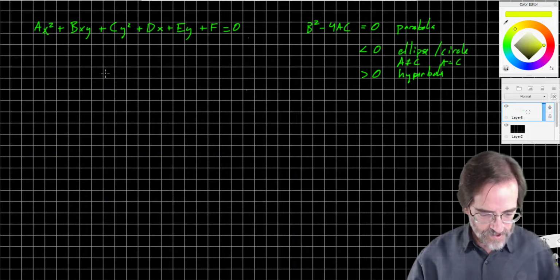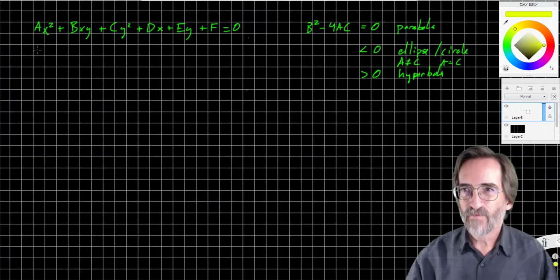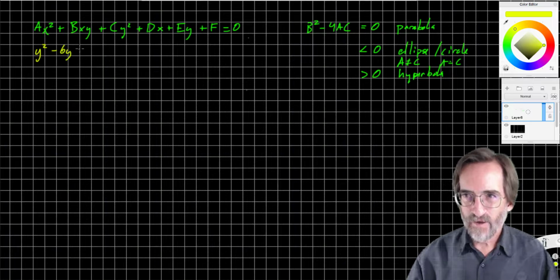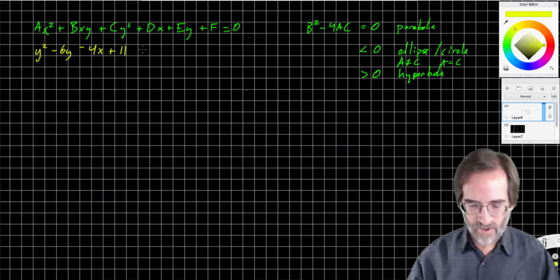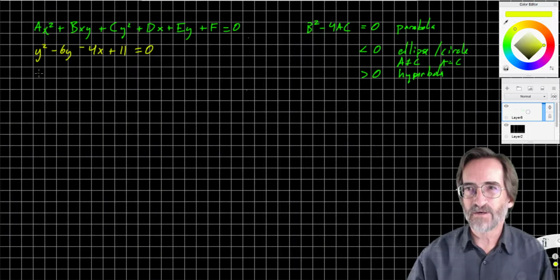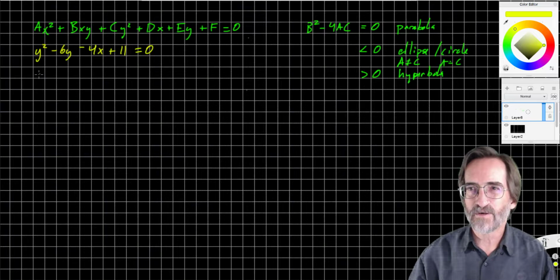Let's do this. I'm going to take y squared minus 6y minus 4x plus 11 equals 0. And you'll notice there's some missing terms here. So in general terms, this is ax squared.